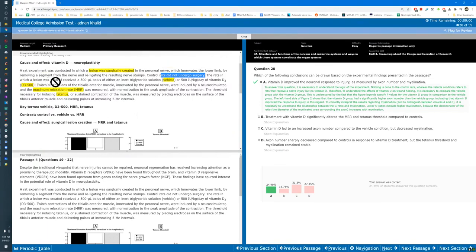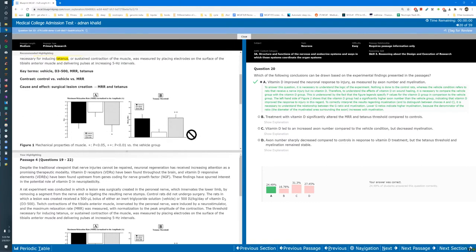And then there's a lesion which removes part of a nerve, right? So the ones that were injured were given some placebo that they call a vehicle, or vitamin D. So if we're looking at this, MRR and all this stuff, there's nothing really happening here.